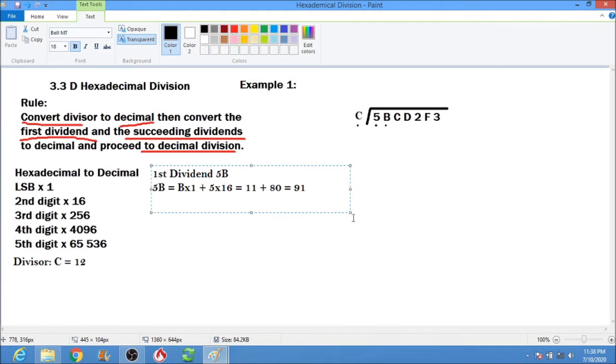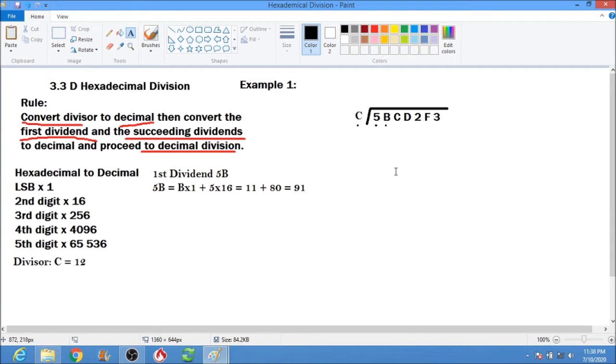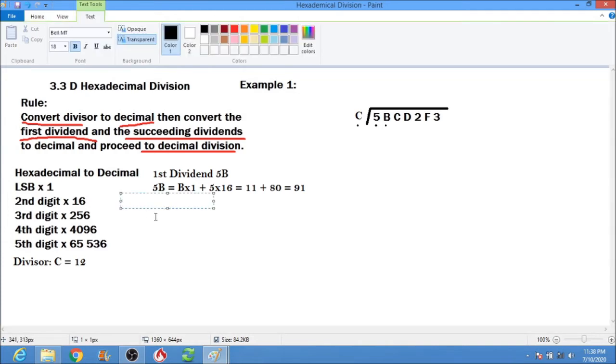So our first dividend is 91. We have 91 divided by 12, and that is 7. So the answer is 7.